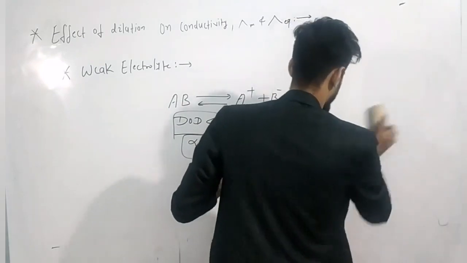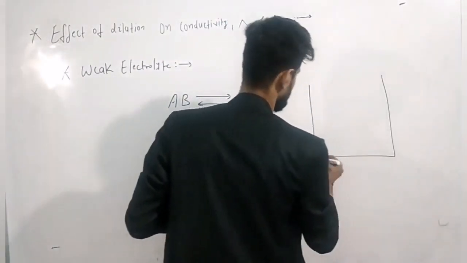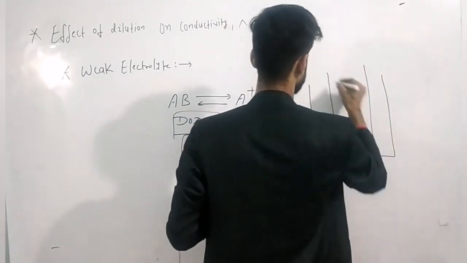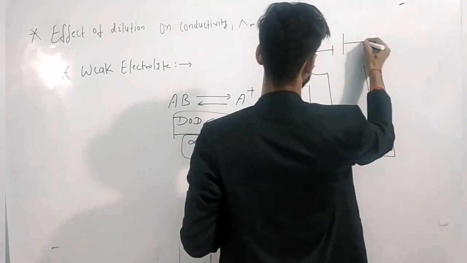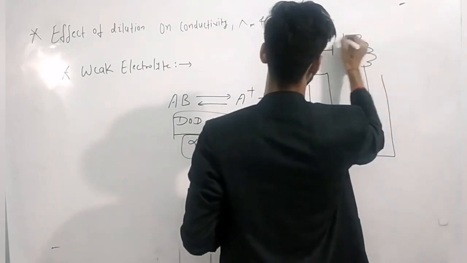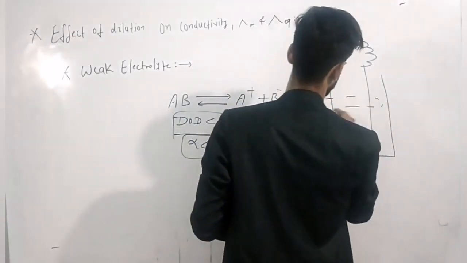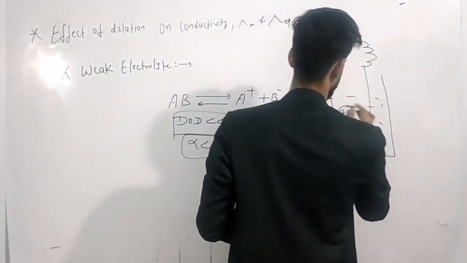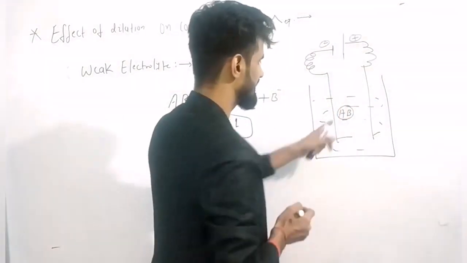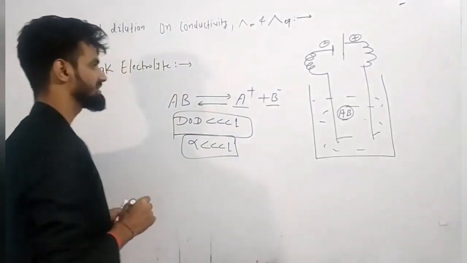So if alpha is going to increase, then what will happen here? After passing electricity, just connect the circuit with the help of a cell. Now you are putting weak electrolyte AB here. After passing electricity, AB is going to be dissociated, so you will get A plus and B minus ions.